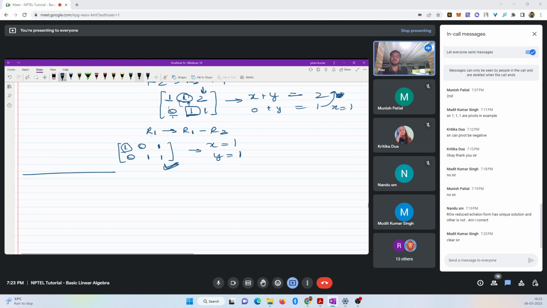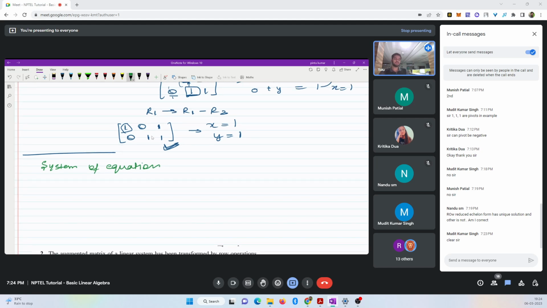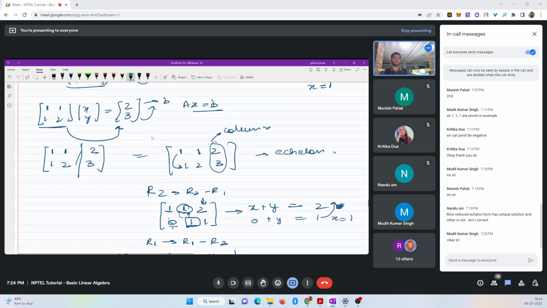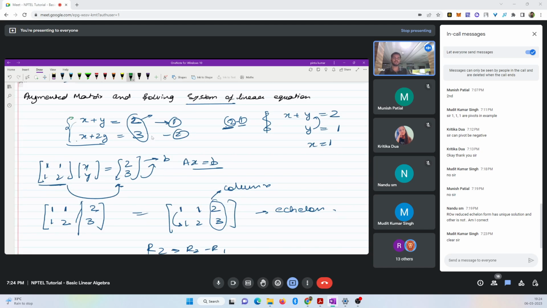Now we are talking about systems of equations. I'll switch to our matrix notation only. Let's say we have a system of equations given by Ax is equal to b. So Ax is equal to b means we have some expressions on the left hand side equal to some values on the right hand side. If my system of equations was this, we can write this as A, this as x, and this as b.